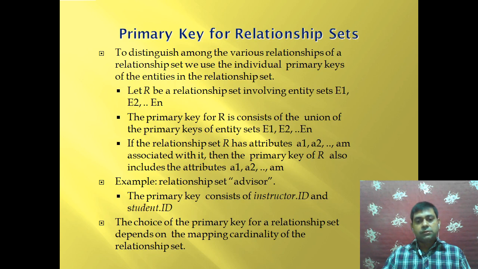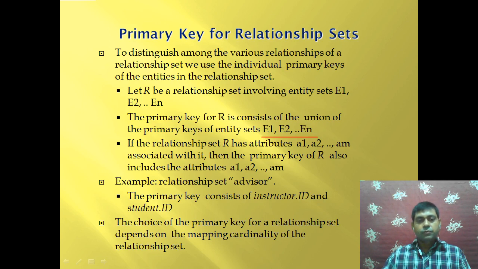So if we have the relation R, which contains E1, E2, these different entity sets, every entity set must be determined by a primary key, and if a primary key exists, then all these entity sets can be combined to do some operations, especially the join operation.